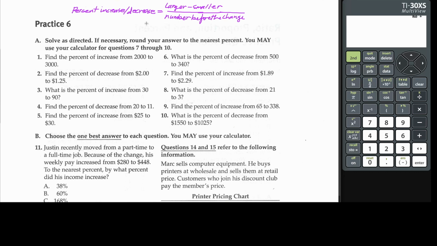So if it's a percent increase, then the original number would be the smaller number. If it's a decrease, then the bottom number would be the larger number.